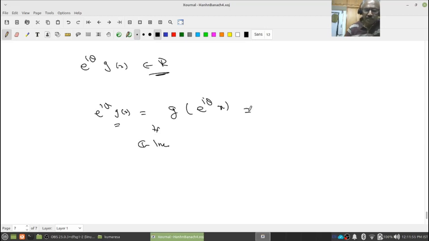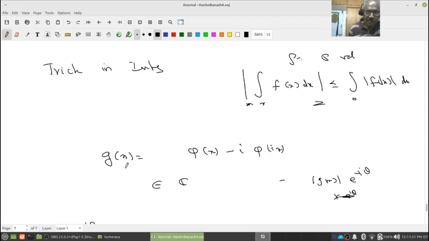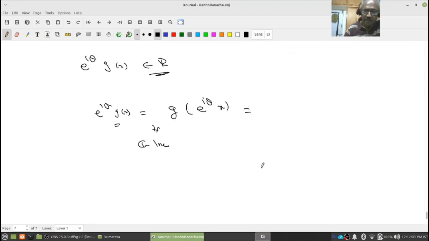But what is g of e power i theta x? For g of any x is phi of x into this, but remember this is already real. Therefore, this should be simply phi of e power i theta x. This is only the real part, because the imaginary part is 0.